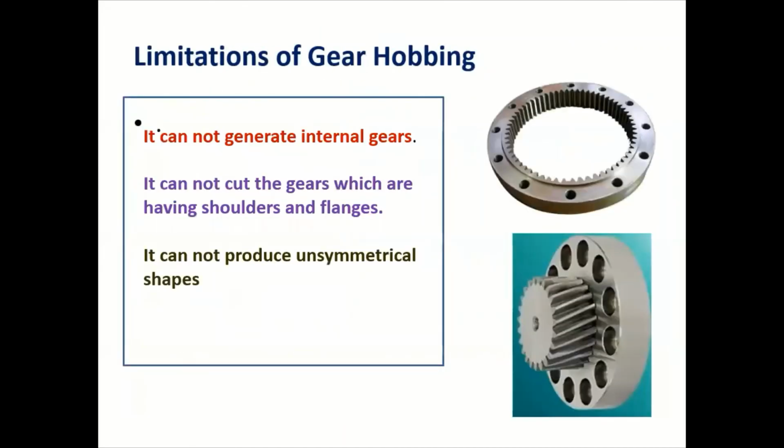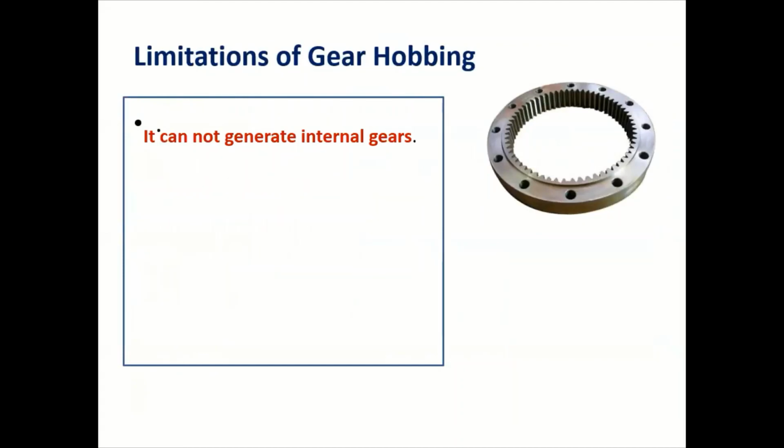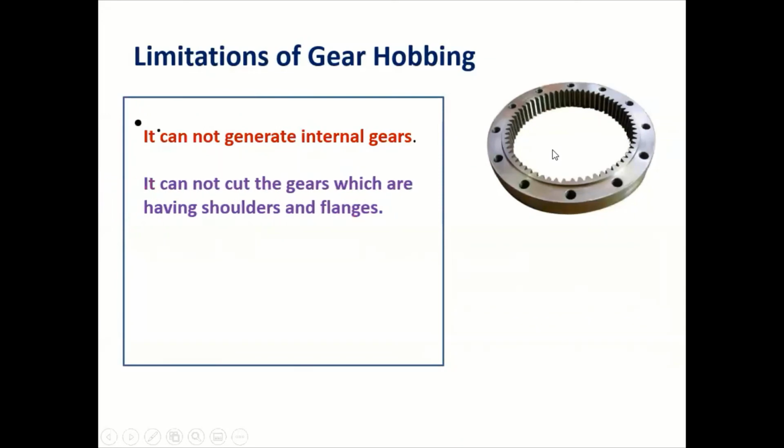As far as the limitations are concerned, it cannot generate internal gears. If you want internal teeth, it is not possible in gear hobbing. It cannot cut gears which have a shoulder or flange.